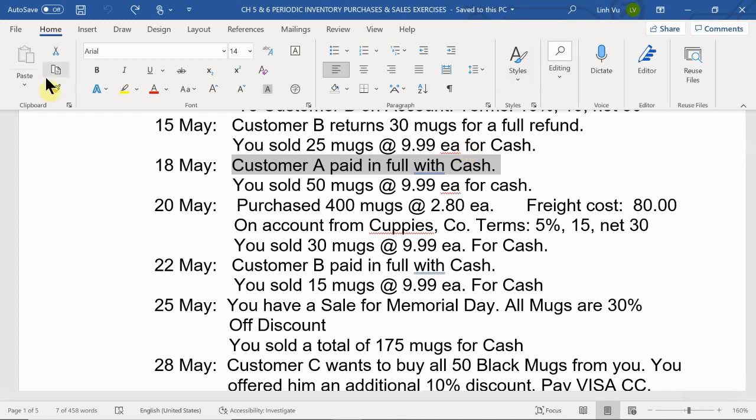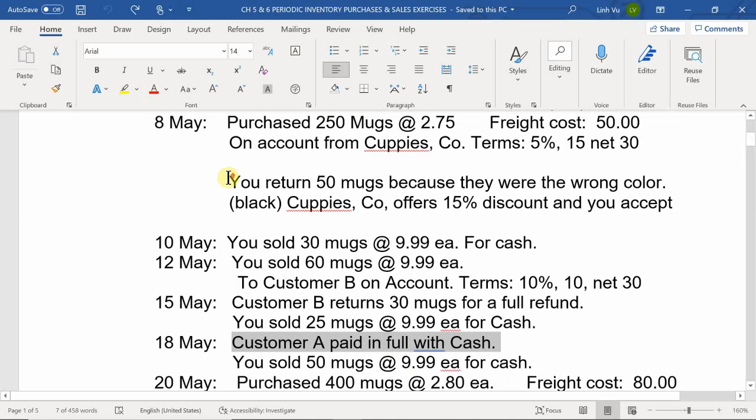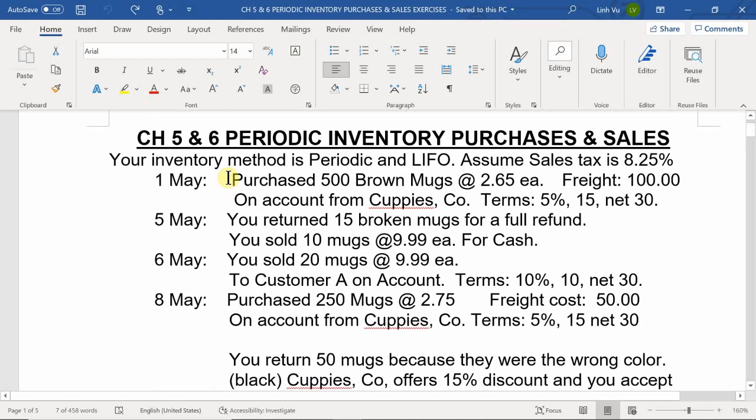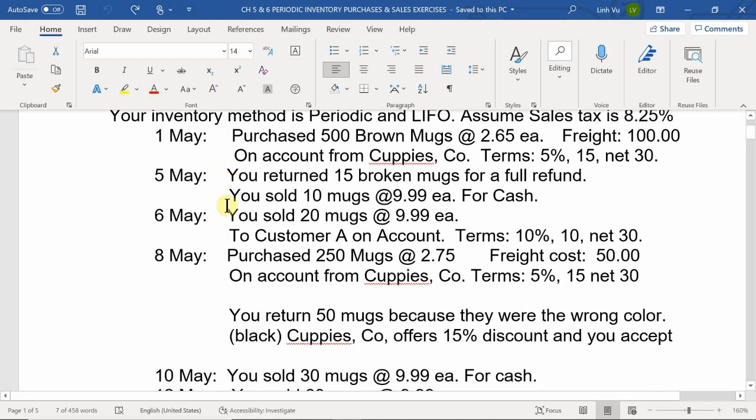It was the 20 mugs at 9.99. Okay, well, let's take a look at where that transaction was. I think it's the 6th, no? May 6th, you sold 20 mugs at $9.99 each to customer A on an account.